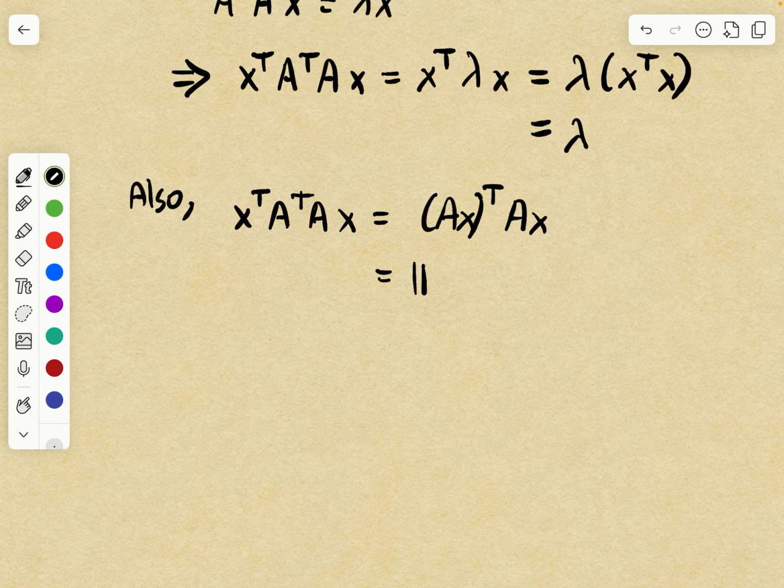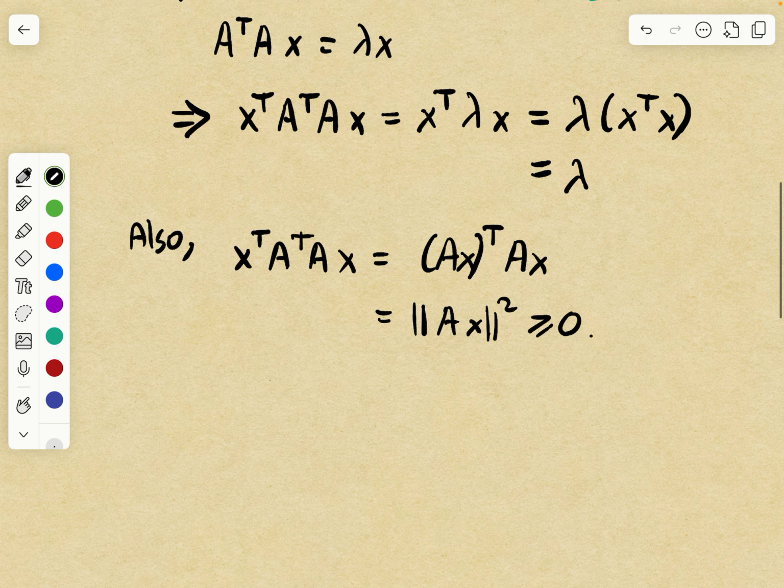So it's the length of Ax squared, which of course is greater than or equal to 0. And so therefore, we've shown that this expression, x transpose A transpose A x, is lambda and is greater than or equal to 0. Therefore, lambda is greater than or equal to 0. So that's the proof.